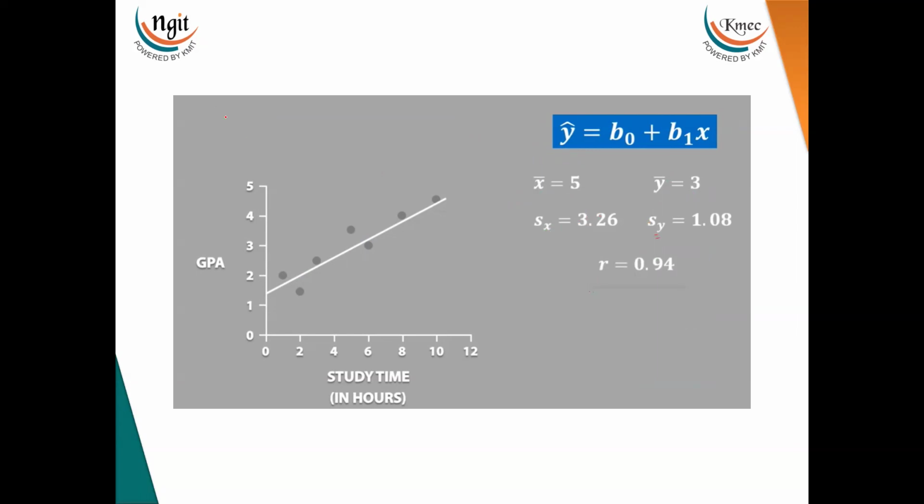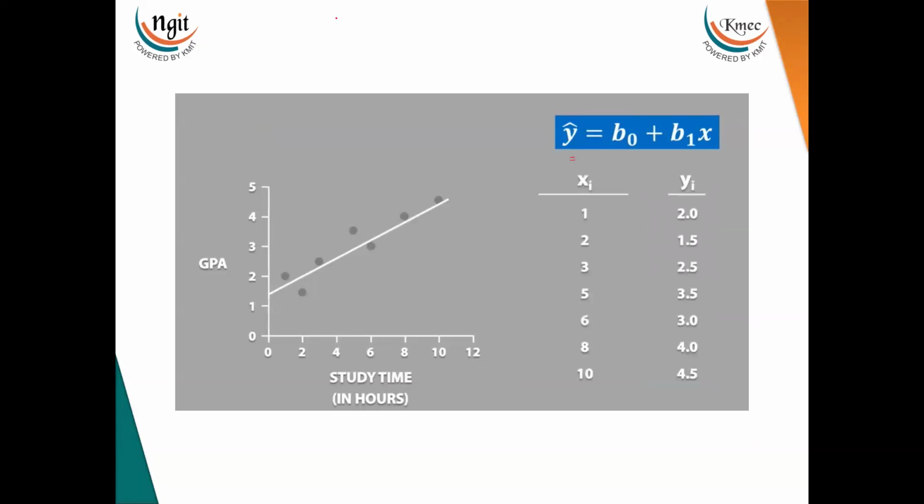So how did we get this x bar? This x bar is, as I already told you, the mean of the given values. When you see this table and calculate the mean, x bar is the sum of all these, which is 35, divided by 7, so we get 5.